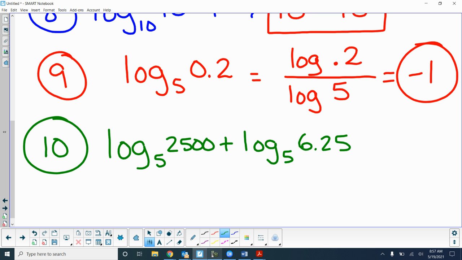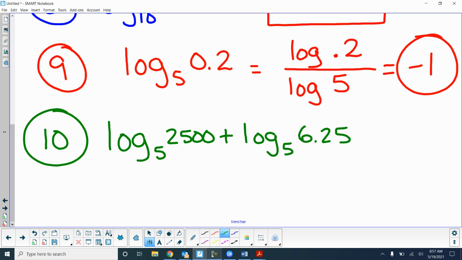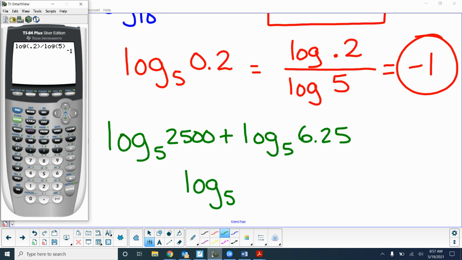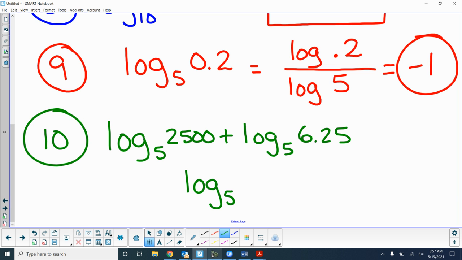What can we do with those two since it was addition? Right, multiply. Just keep the base the same and multiply those. So 2,500 times 6.25. We get 15,625. Okay, so that's the single log.